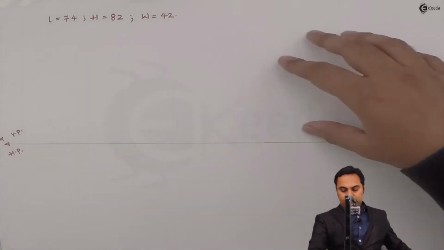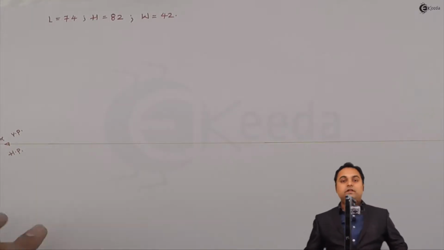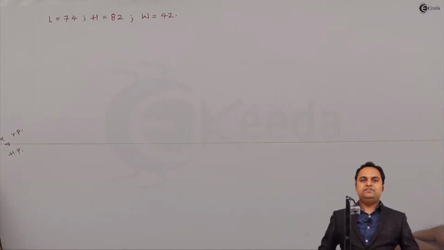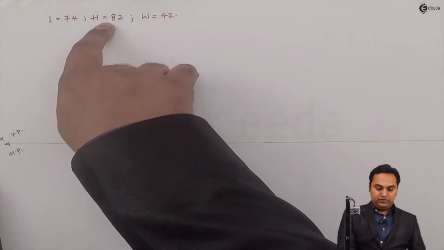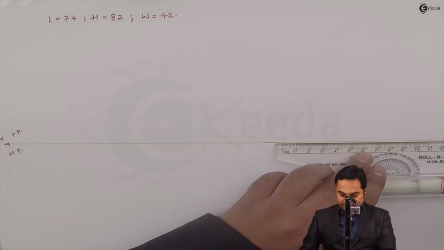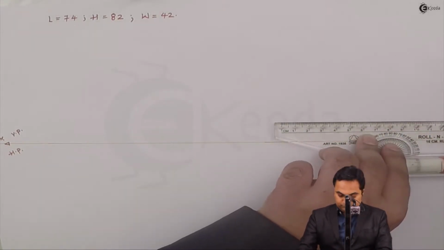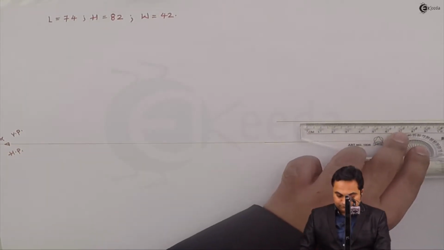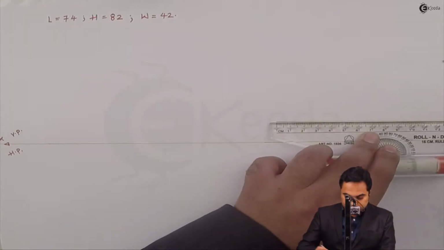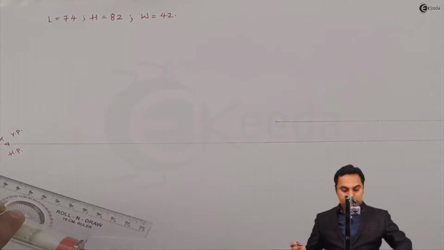It means now front view is on right hand side, and in the front the length and height of the object is visible. So length 74 and height 82, I'll take those values and draw the rectangle here. Length is 74 mm.